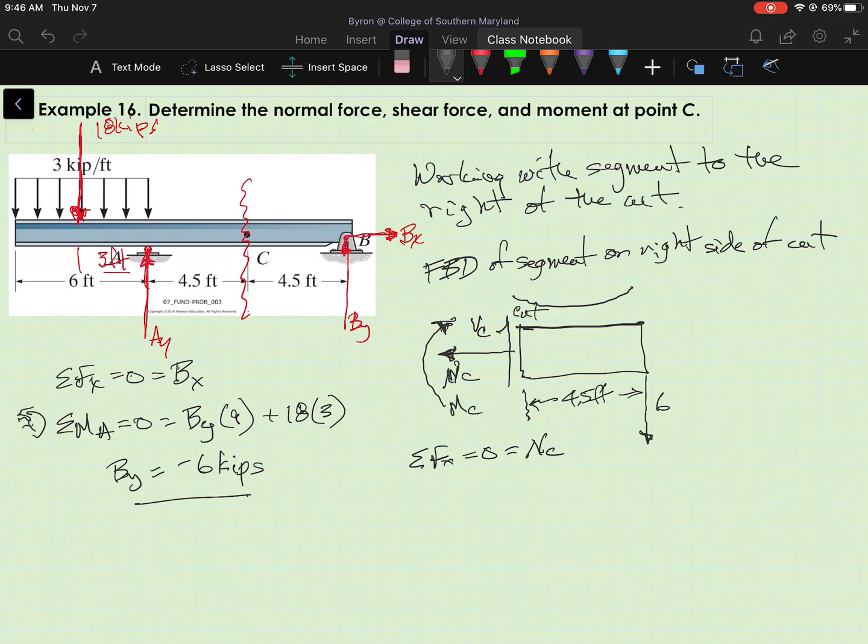In the y direction, we should be able to see that I have V sub C minus 6, so therefore V sub C equals 6 kips.